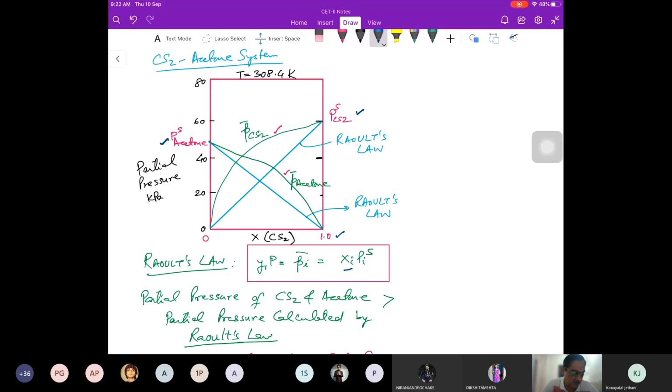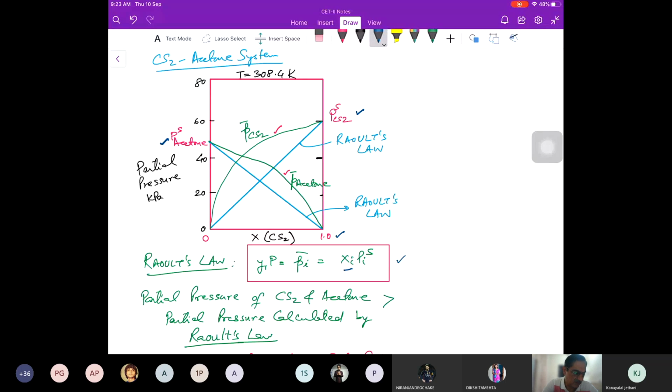Similarly, if I take acetone, if I put xi equal to 1, I'll get pi bar for the solution is equal to vapor pressure of acetone. Is this understood? Raoult's law gives straight line between partial pressure and liquid composition.